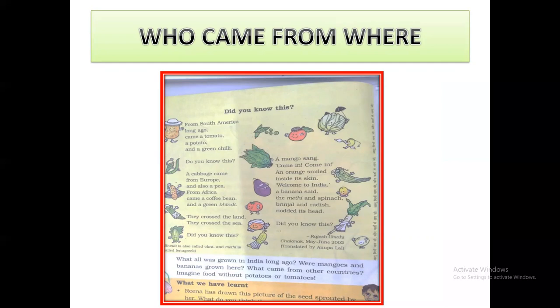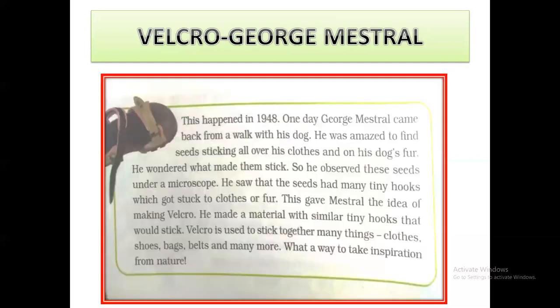We should also mingle with them and give place in our heart. Isn't it? How the mango has done. Mango is the king of the fruits. It is India's national fruit. Okay? So this is the way it makes our life happy.